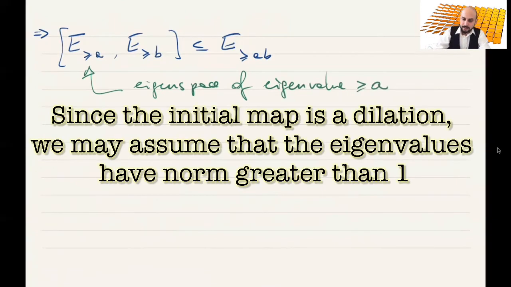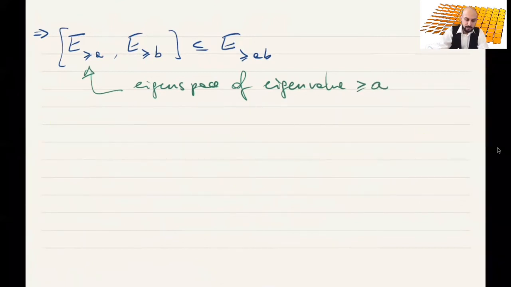Since the initial map delta is a dilation, we may assume that the eigenvalues have norm greater than 1. This observation makes you prove that if you take iterated brackets, since every time the eigenvalue changes, then eventually you should have 0.